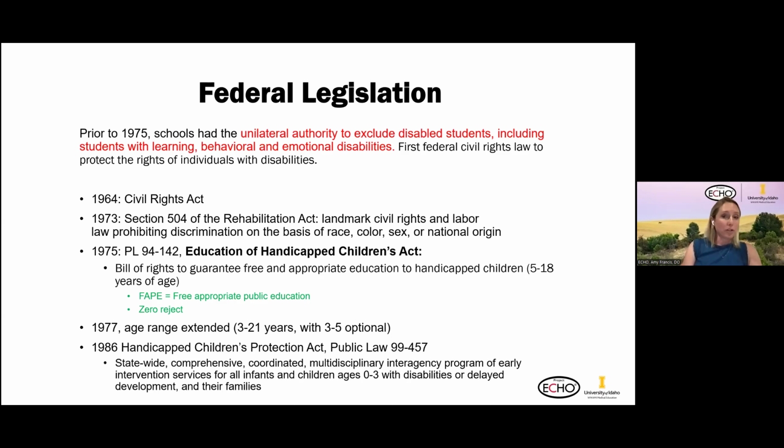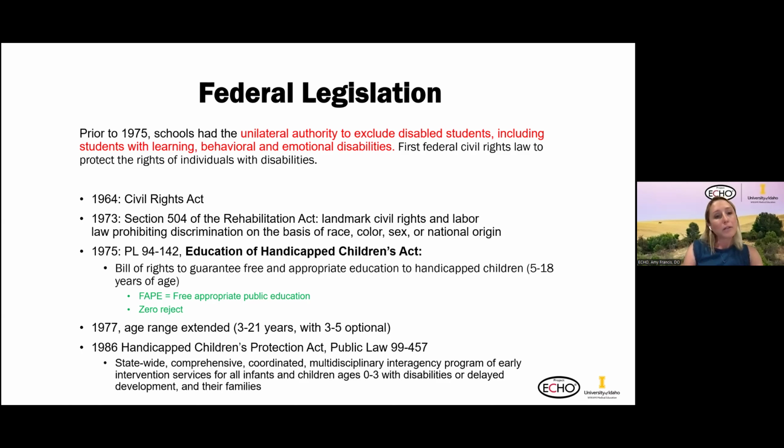There is a lot of federal legislation that protects children with disabilities and adults with disabilities. Prior to 1975, schools had the unilateral authority to exclude disabled students. They could say that this child we cannot educate, so we are not going to serve this child in the public school district. In 1964, we had the Civil Rights Act.